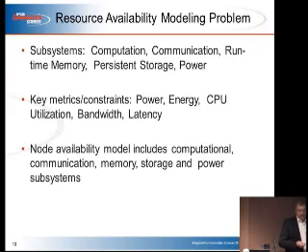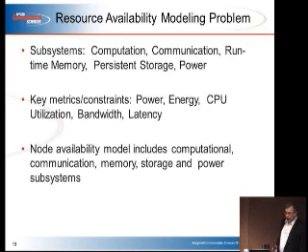All of these subsystems need to be modeled because they impact the availability of this resource for the job at hand. If you have tons of computation, communication, etc., but the battery is about to die, well, then it's not really available.